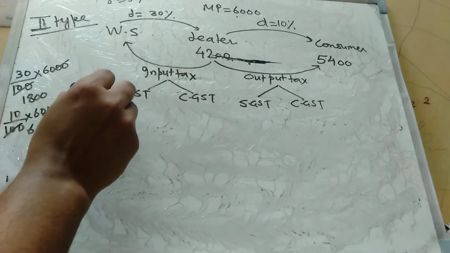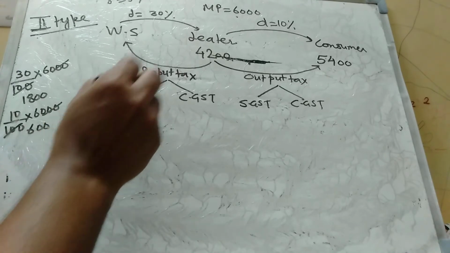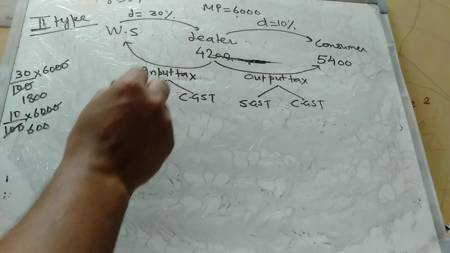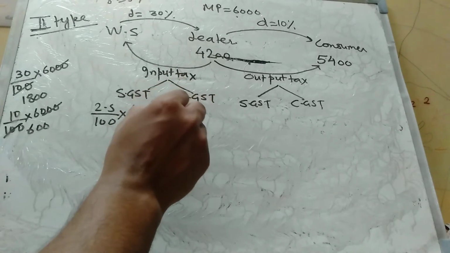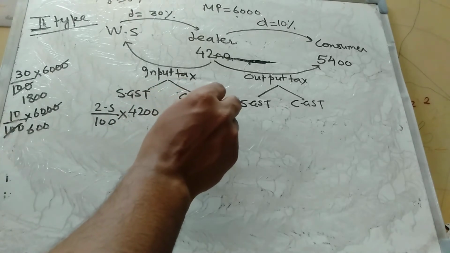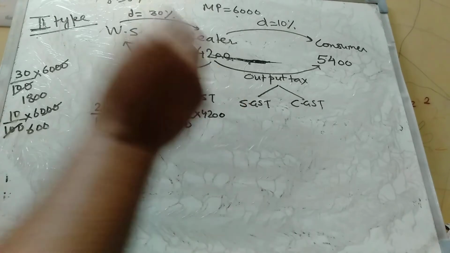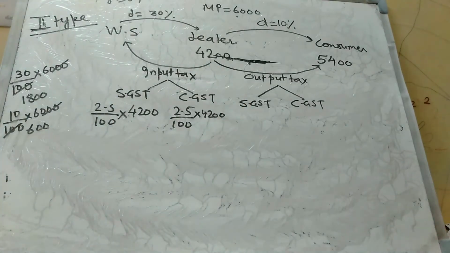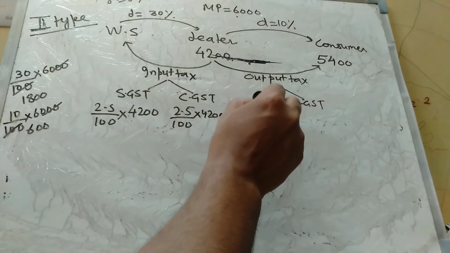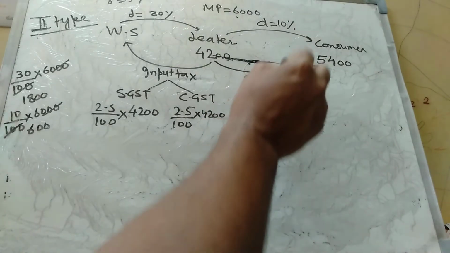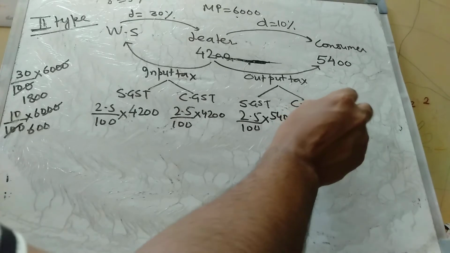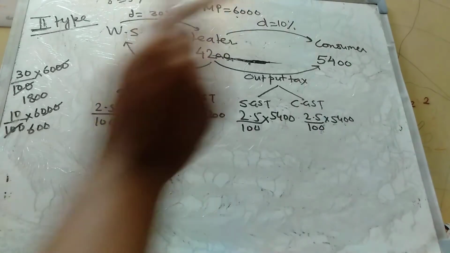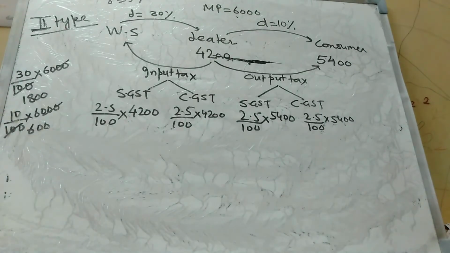So 2.5% of 4200 for SGST and 2.5% of 4200 for CGST. Similarly, 2.5% of the selling price 5400 for SGST, and 2.5% of 5400 for CGST, right?